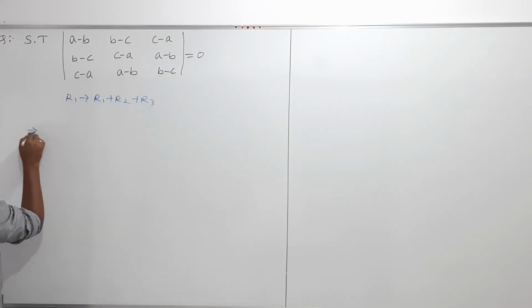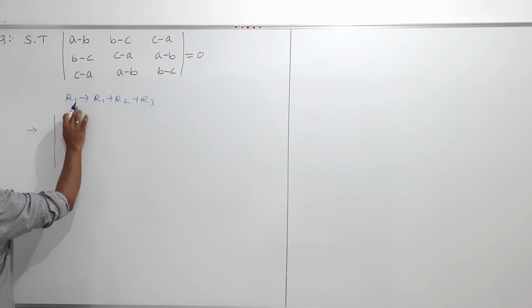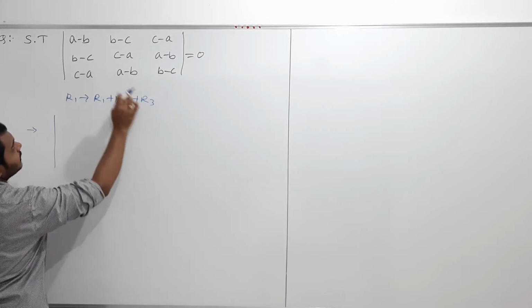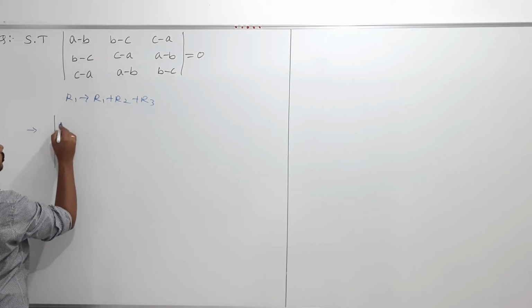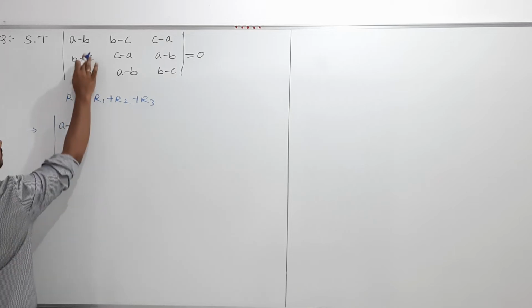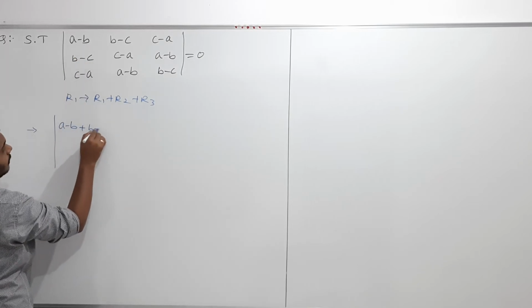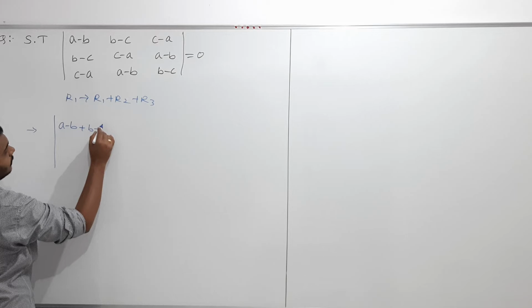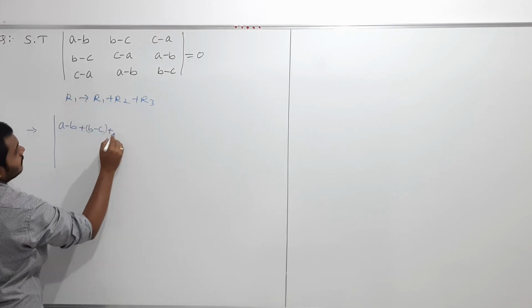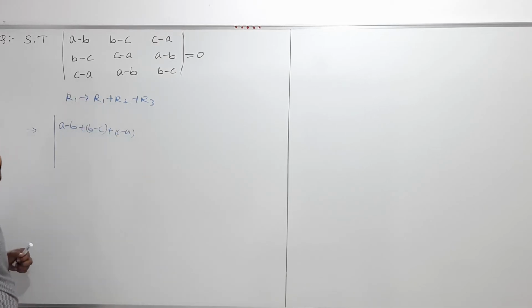If you apply these operations, row 1 changes to row 1 plus row 2 plus row 3. It means this element, this element, this element we should add. So therefore A minus B plus B minus C, next plus C minus A. Clear?